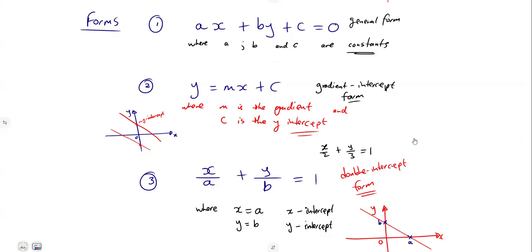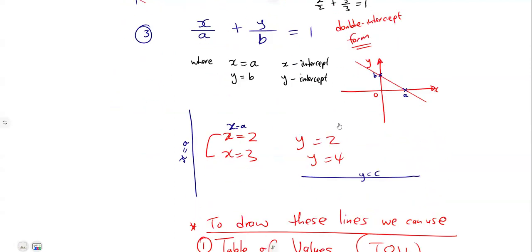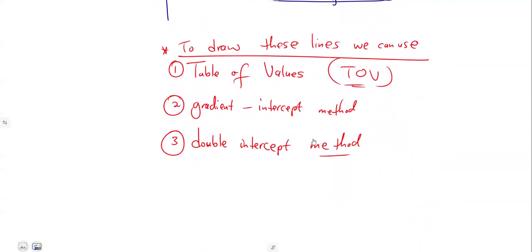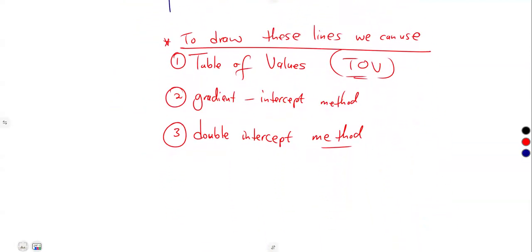From any straight line that you're given, we have the table of values, and we have what we refer to as the gradient-intercept method. The gradient-intercept method is the one we're going to focus on in this class. We're going to leave the table of values aside and focus on gradient-intercept.